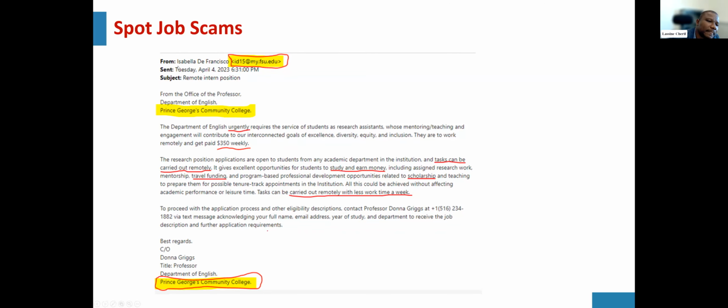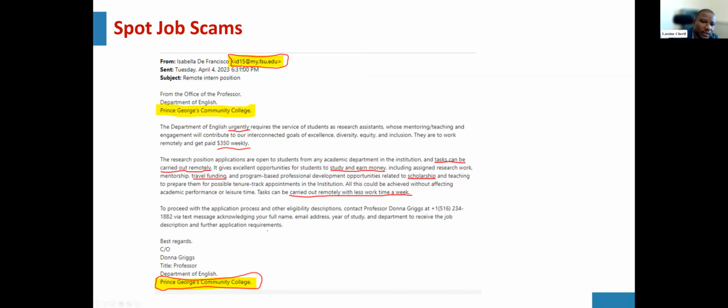Here, the sender is claiming to be from the Department of English here at PGCC. But when you look at the email, you see the email has a different domain. It's not PGCC.edu. If you get an official email from Prince George's Community College, it will be at PGCC.edu. So this first one is a red flag.